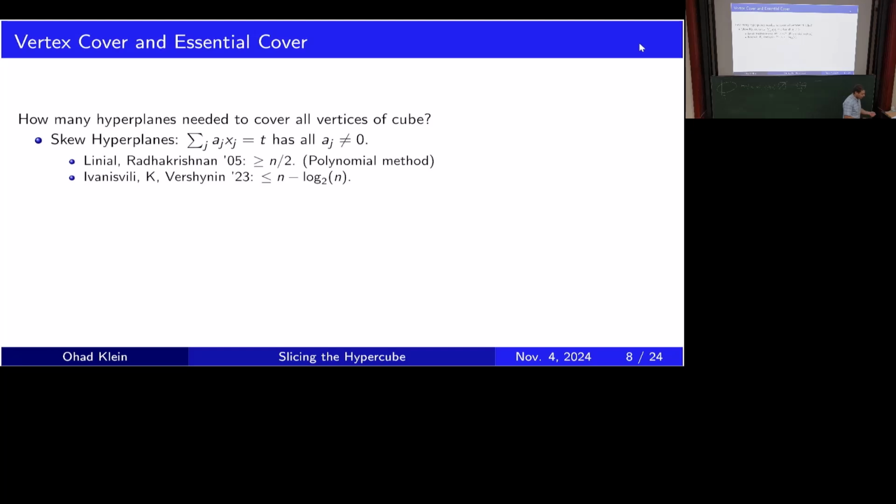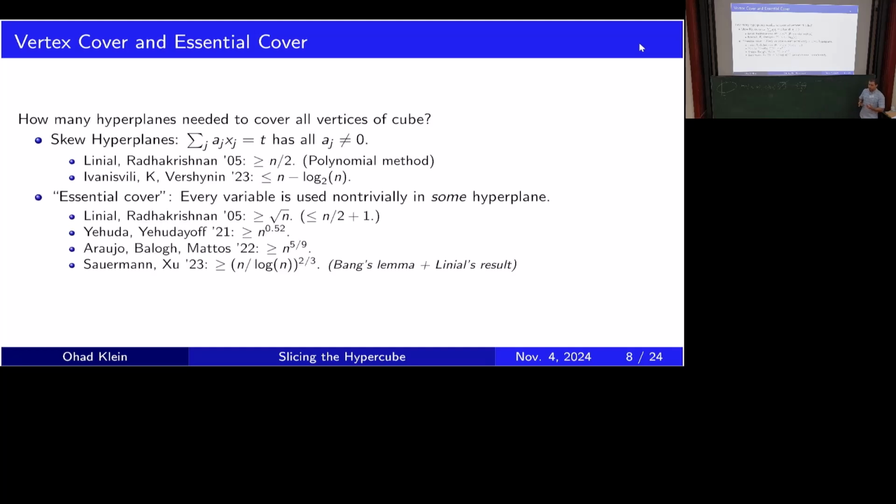And actually, the exact value for the number of hyperplanes is not known, but this problem is mostly solved.